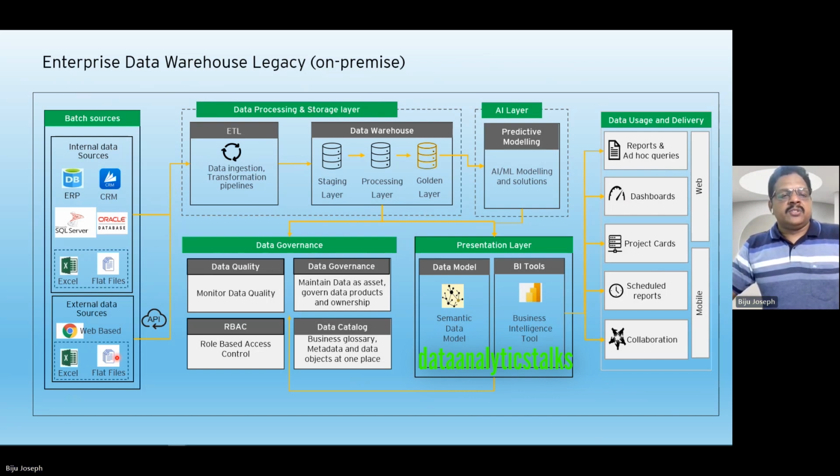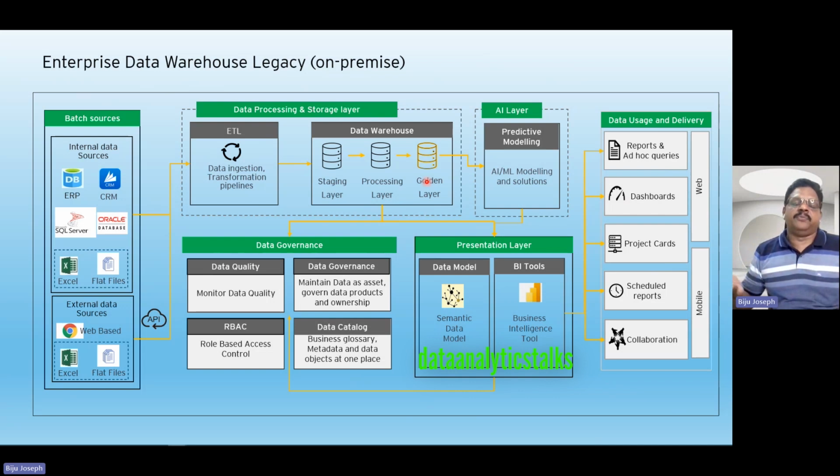Okay. So if you look at the data warehouse architecture, how do you scale it? If you are planning an on-prem traditional architecture, you will have to go with this pattern. We will have the sources and a data processing and storage layer. Of course, you will have data ingestion, data transformation, data pipeline, that means the ETL process. Then we will have the data warehouse.